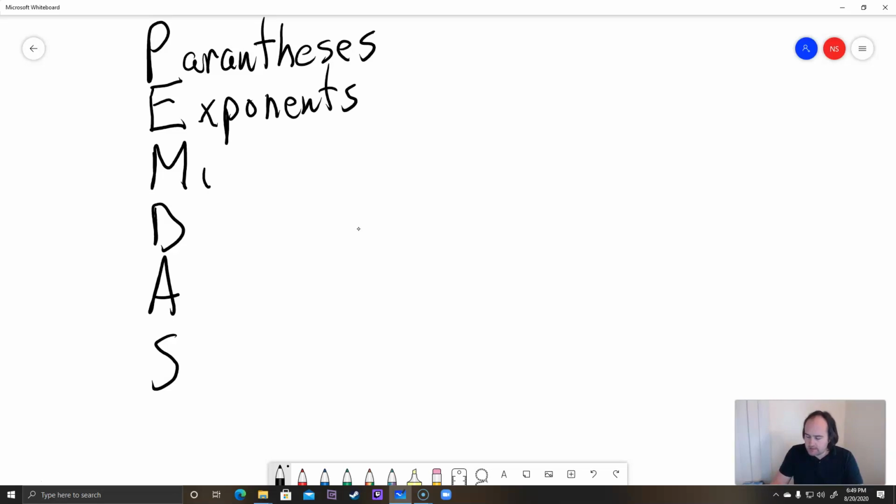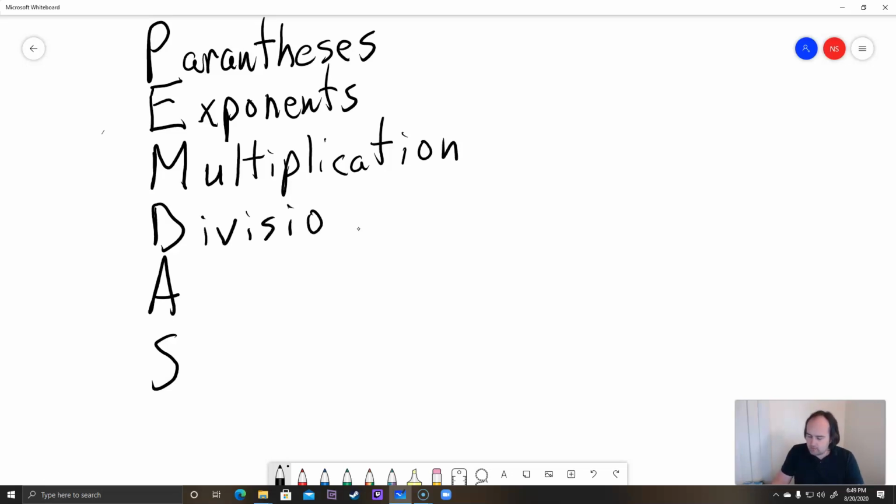The M stands for multiplication. I'm having pen problems here. Multiplication. The D, as you probably guessed, stands for division. The A stands for addition. And finally, the S stands for subtraction.